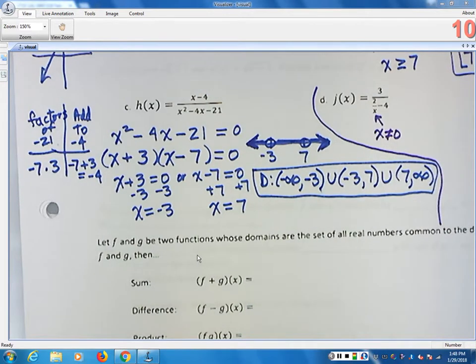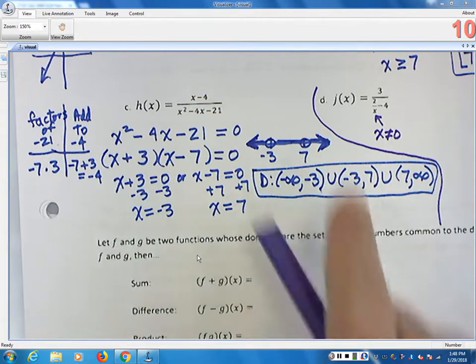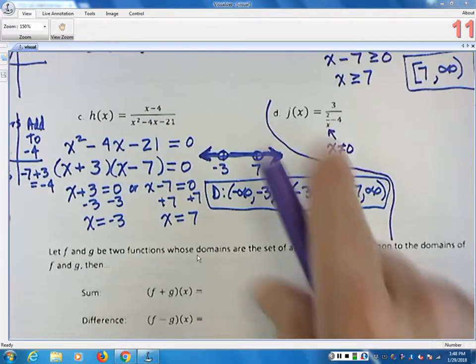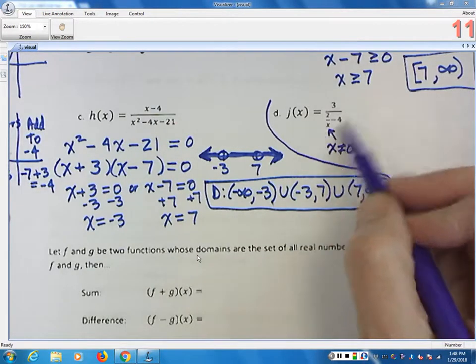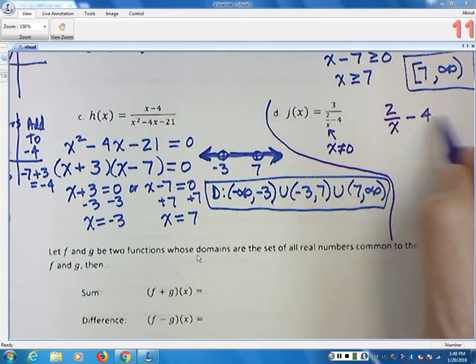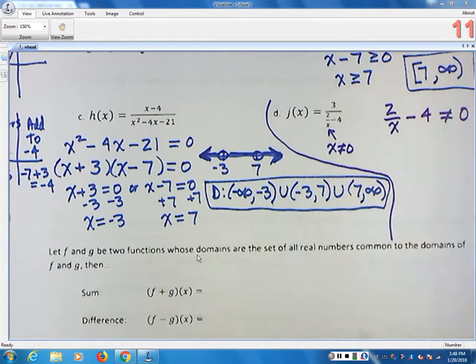So in the unsimplified denominator, we can see we're dividing by x, so we can't let x be 0. And then we can't let this whole denominator be 0. So 2 over x minus 4 can't be 0. Or I could set it to 0 and then say that's the number it can't be at the end. But we just solve it the same way.